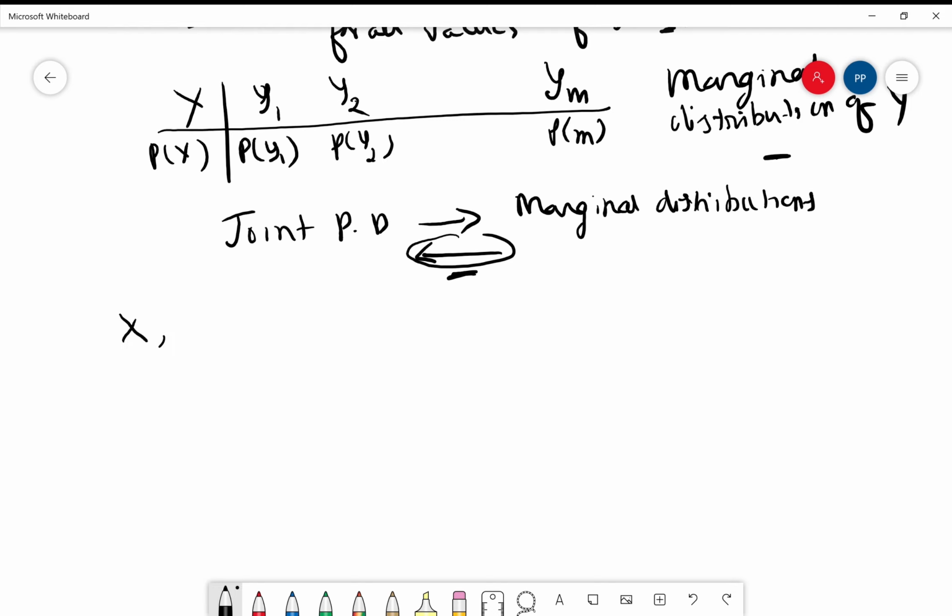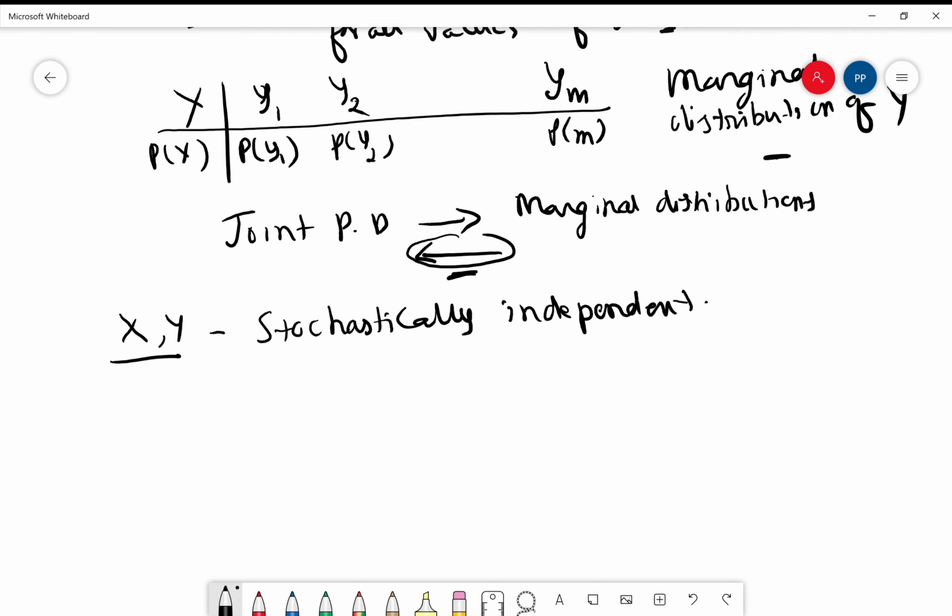The variables x and y are said to be stochastically independent, or simply independent, if this condition is satisfied. That is, p suffix ij equals probability of xi times probability of yj.